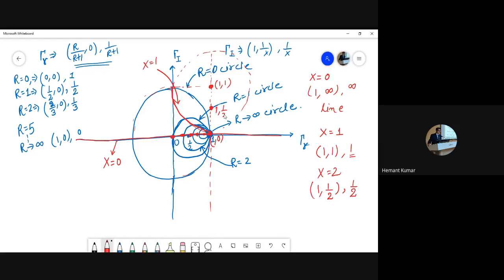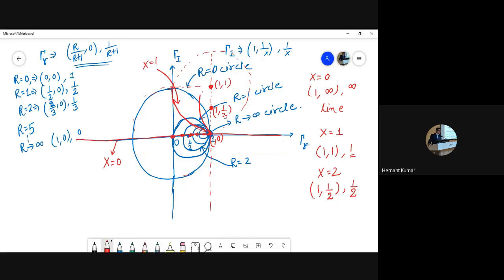And the radius is also 1 by 2, this much radius. So if you plot, you will see like this.